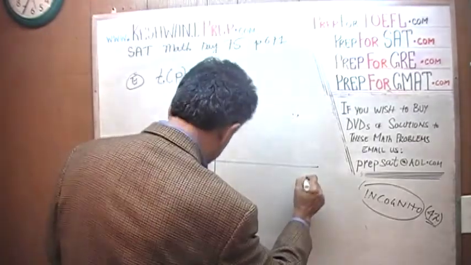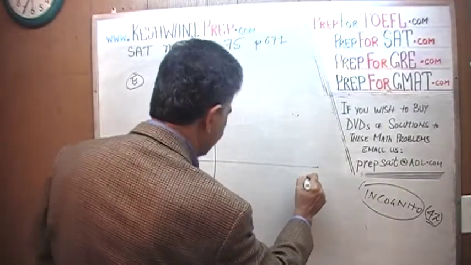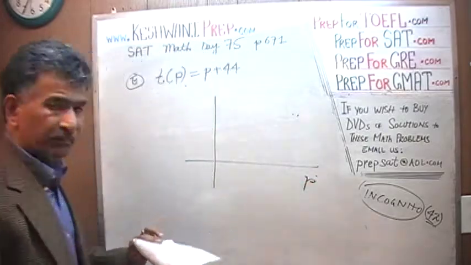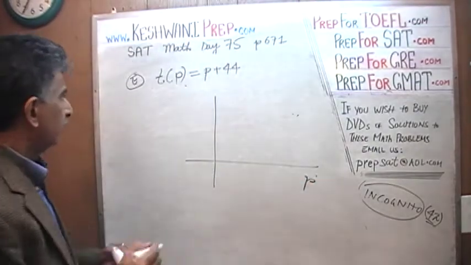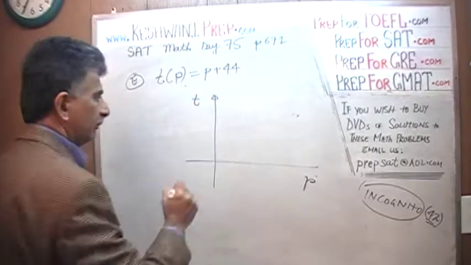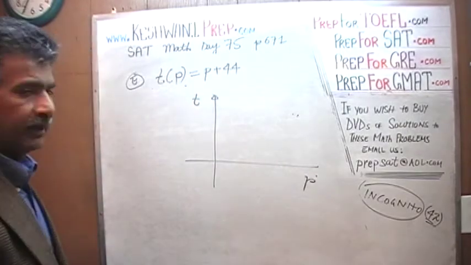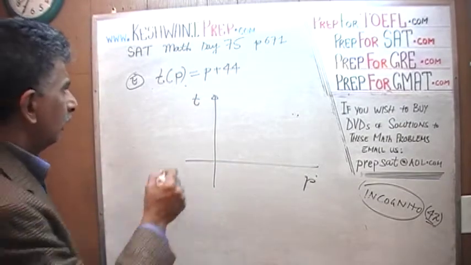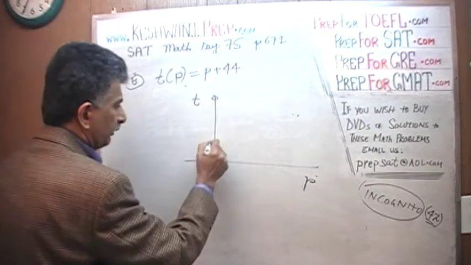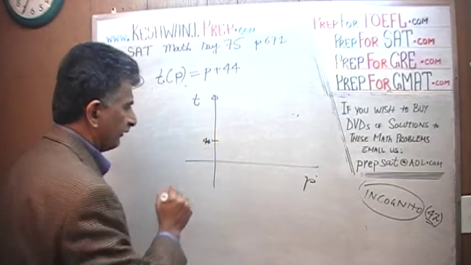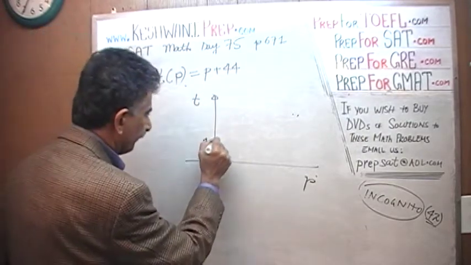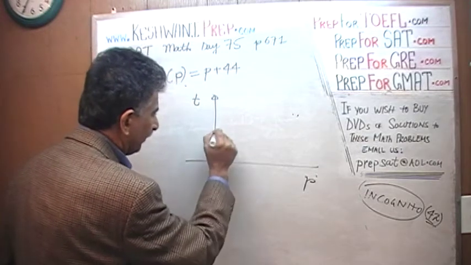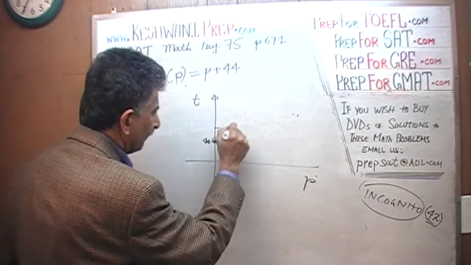Number of practices on the x-axis, and the amount of time it takes to finish the maze on the y-axis. And what it says is that if you do not practice at all, when p is 0, it's going to take us 44 seconds. If we practice one time, it will take us 45 seconds.